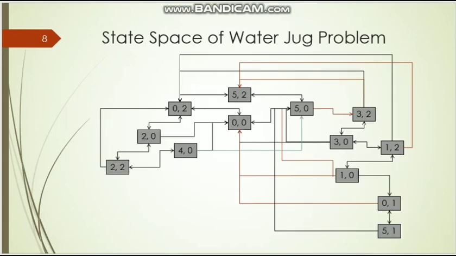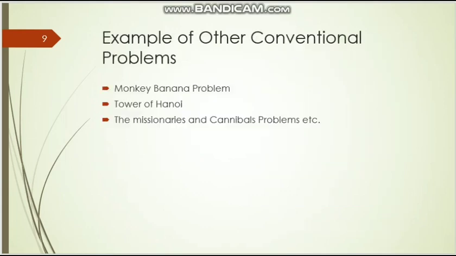Okay, so there are so many other conventional defined problems of artificial intelligence. For example, the monkey banana problem, Tower of Hanoi problem, missionaries and cannibals problem, etc. These problems also follow some steps.